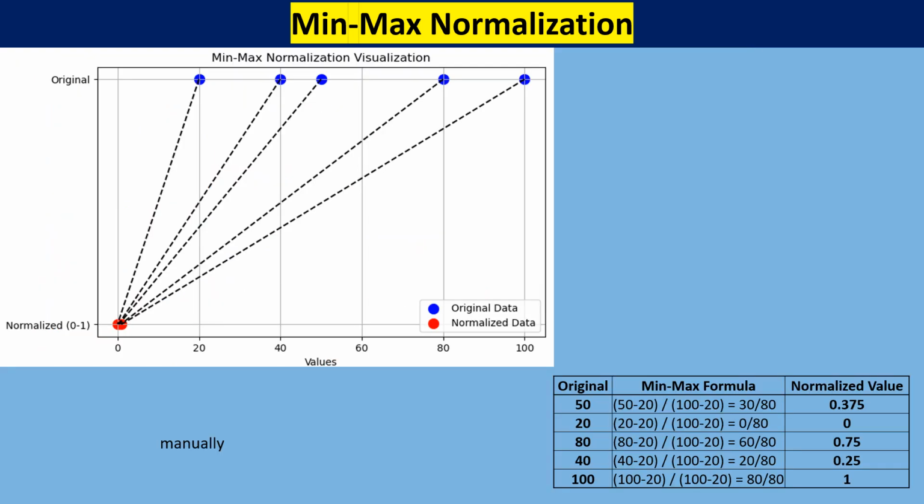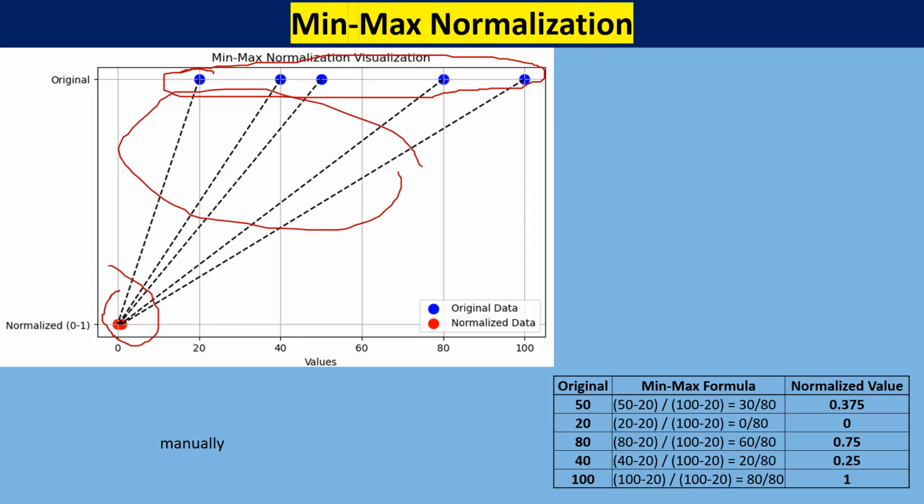So this is the graph. The blue points represent the original data values. The red points are the normalized data values after applying min-max scaling. The dashed lines show how each original value maps to its normalized counterpart.